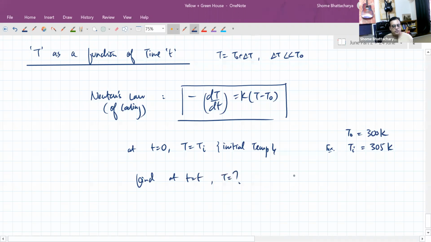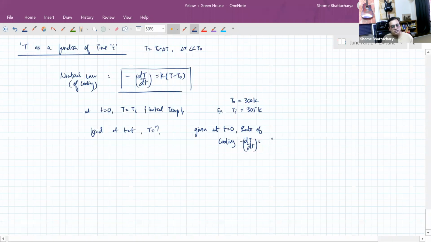Also given to us additionally is that at t equal to 0, the rate of cooling was equal to, let us say, 0.5 Kelvin per minute. Generally cooling takes place very slowly like this, especially if it's a body of large surface area.